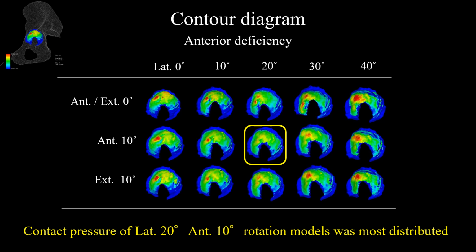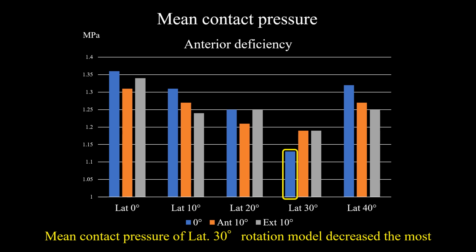This is the contact diagrams of anterior deficiency. Contact pressure of lateral 20 degrees anterior 10 degrees rotation models was most distributed. This is the mean contact pressure of anterior deficiency. Mean contact pressure of lateral 30 degrees rotation model decreased the most.